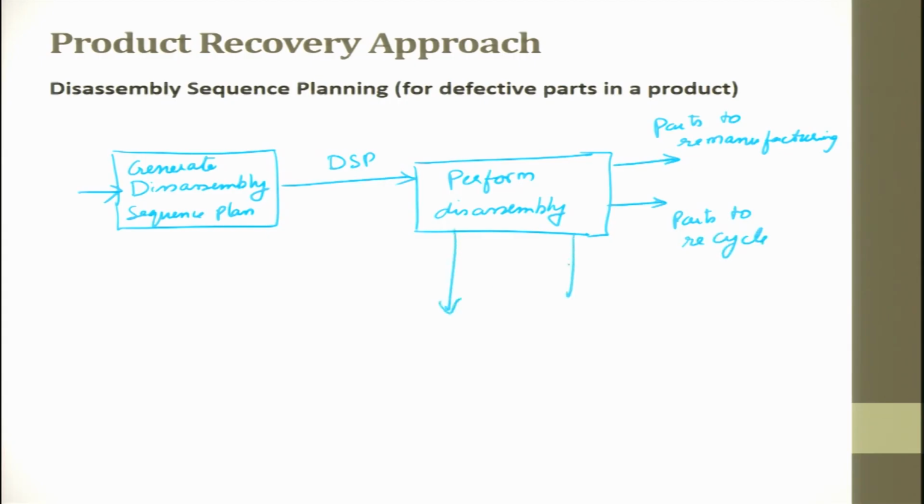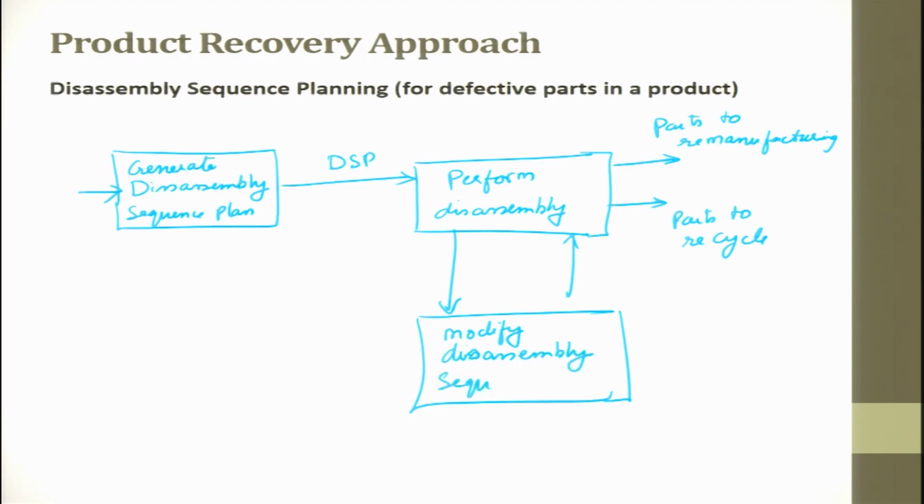So, here we modify the disassembly sequence plan, and these are the incoming products, and this is the current part in the DSP that is defective.